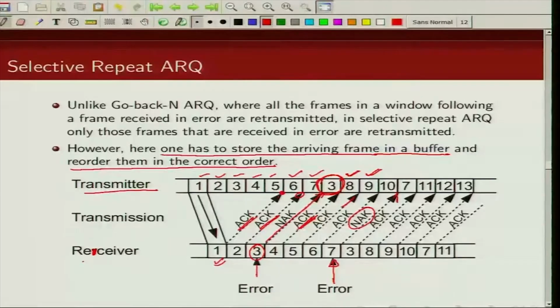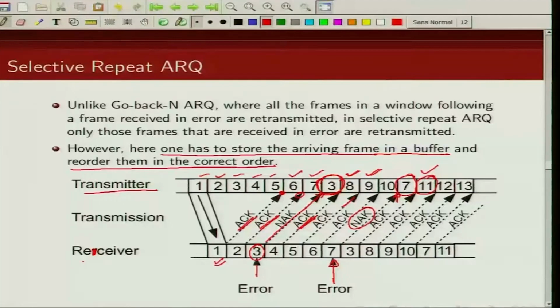At this instance, the transmitter received a negative acknowledgement, so you are going to insert this frame number 7, which was incorrectly received, here and continue. Subsequently, you received an acknowledgement about the packet that you sent, so you send the new packet, packet number 11.